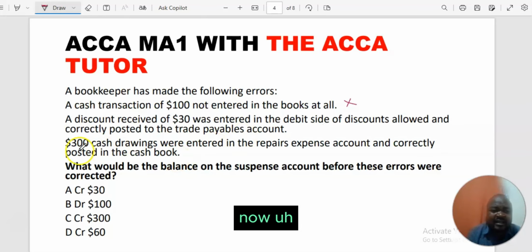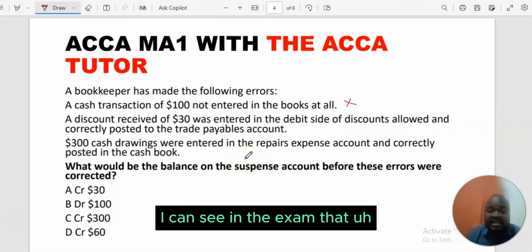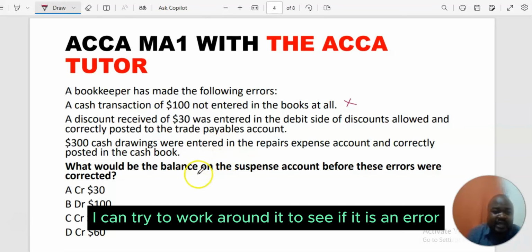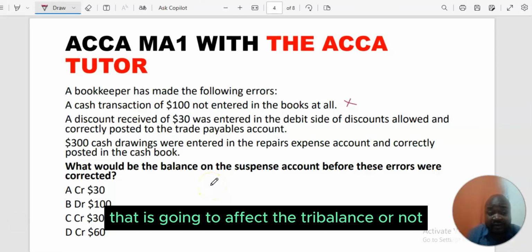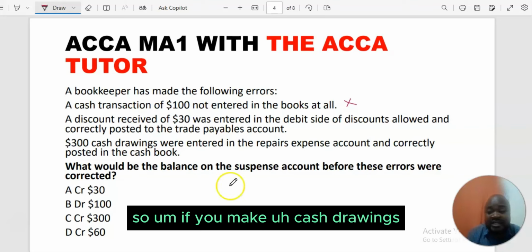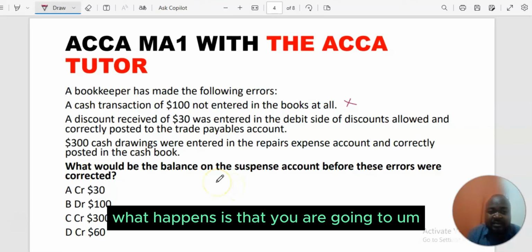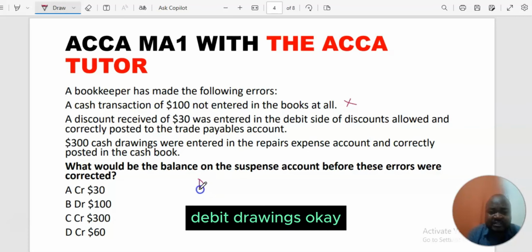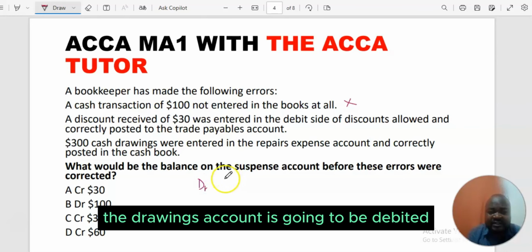Now, I can see in the exam that the third error is a bit easier, so I can try to work around it to see if it is an error that is going to affect the trial balance or not. So, if you make cash drawings, what happens is that you are going to debit drawings. Okay, the drawings account is going to be debited.